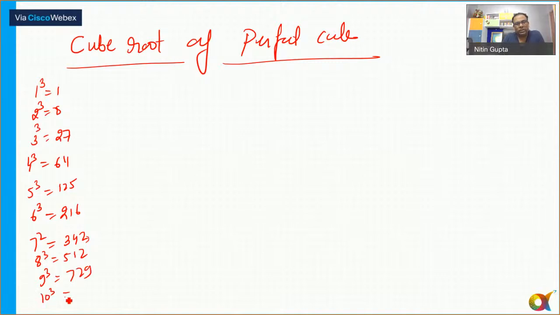And 10 cube is equal to 1000. Okay. So these are the cubes, like 1 cube, 2 cube, 3 cube, 4 cube, and so on till 10 cube here.